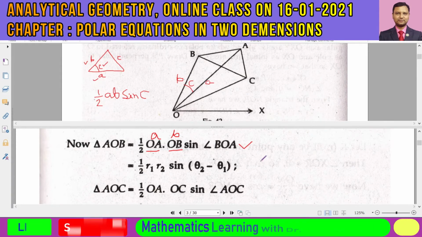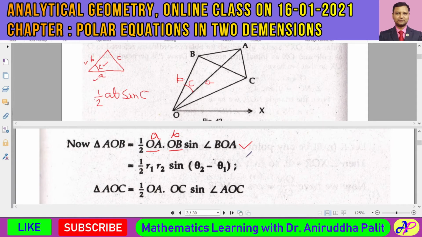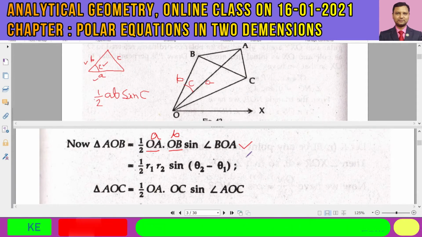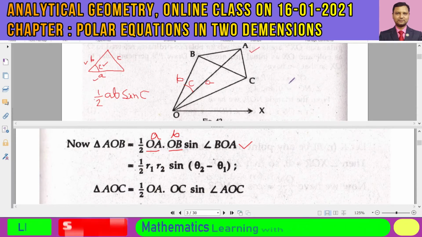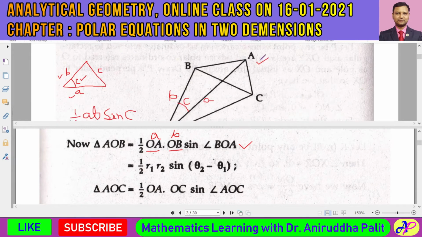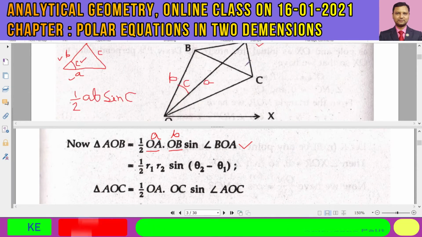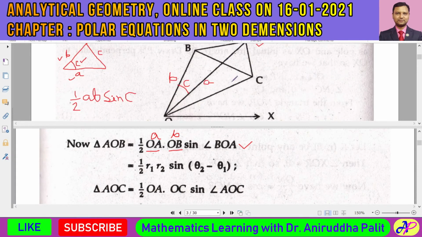In this fashion we can compute the area of the triangle OAB. OA is the radius vector of the point capital A, that's why we have the expression R1.